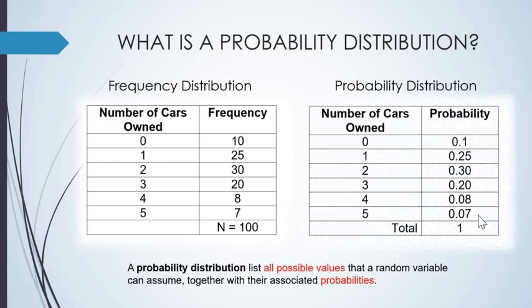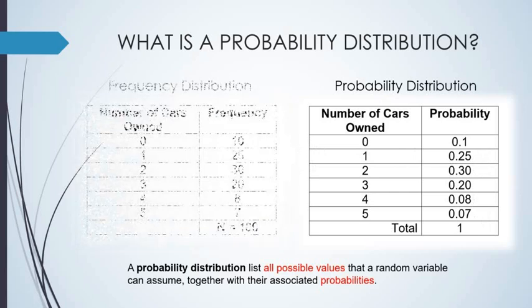These probabilities, if they are not given to you, you can obtain from the frequencies. You can calculate the relative frequency, which is the frequency divided by the total frequency, to get the probability.